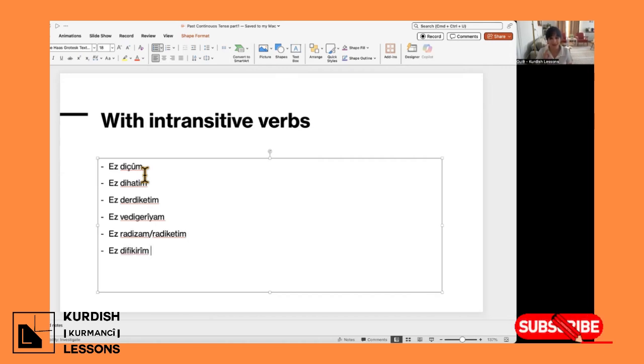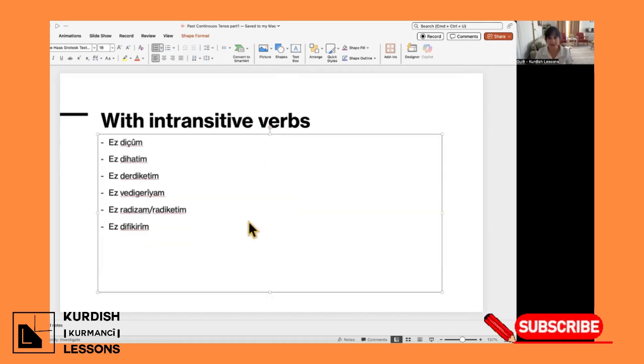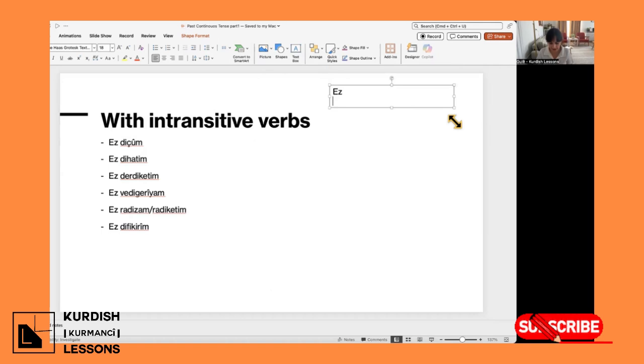And "as di-fikrim", I was thinking. In many languages the verb fikrin is transitive, but in Kurmanji it's intransitive, so you need to use "as". So don't forget, with intransitive verbs, we always use simple pronouns, right? So you always use as, to, hun, and they.